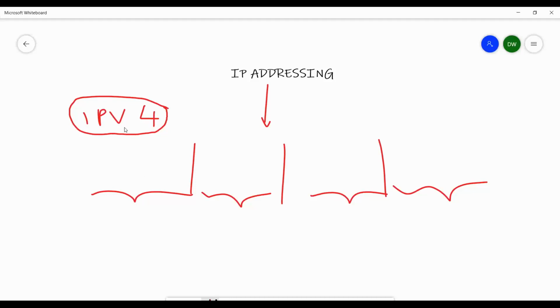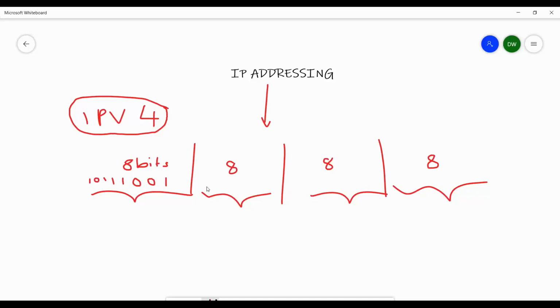Just think an IP address consists of 4 different parts. Here you have 8 bits, here also 8 bits, here 8 bits, here also 8 bits. So this 8 bits can be 1 0 1 1 1 0 0 1. How many now? 1 2 3 4 5 6 7 8.